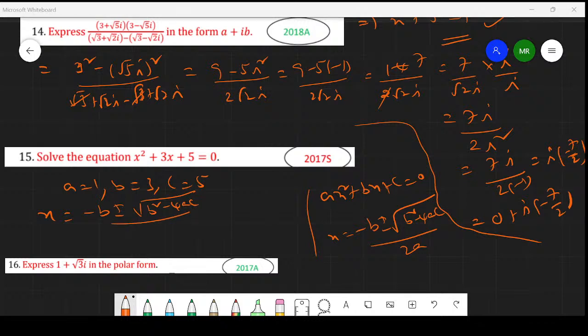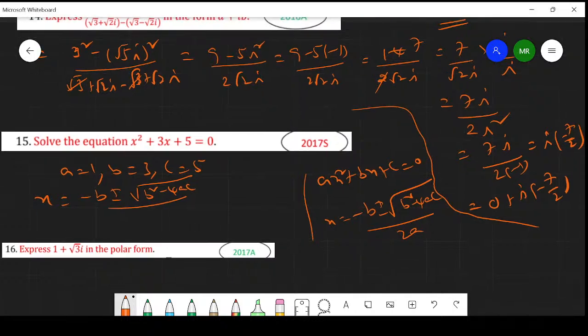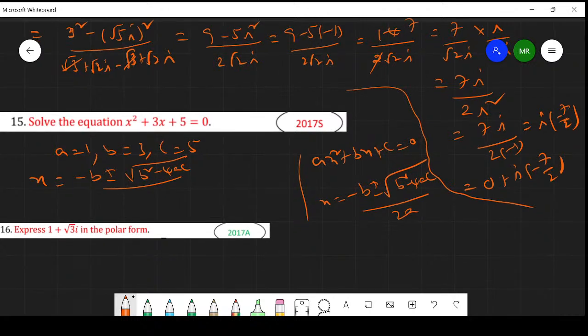If I use that formula, x is equal to this. Instead of writing this one, I can write directly: x is equal to minus b, which means minus 3, plus or minus root of b square, which is 9, minus 4ac, which is 20, by 2a, which is 2 into 1.